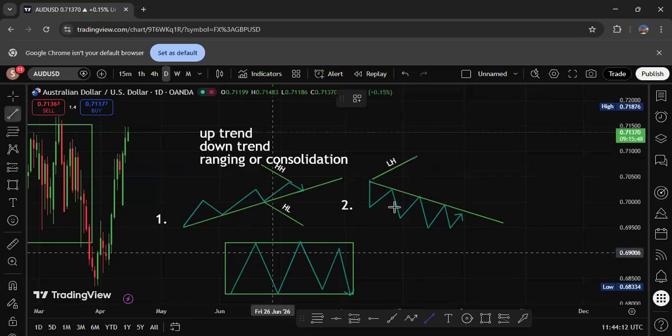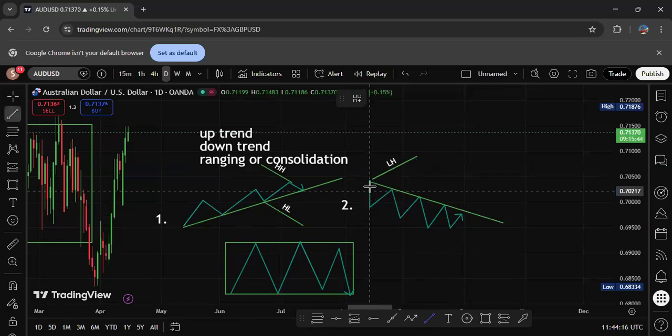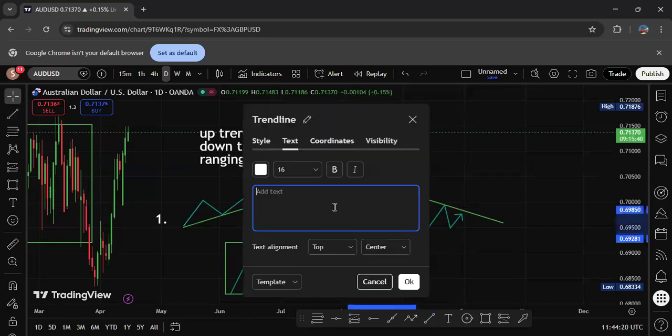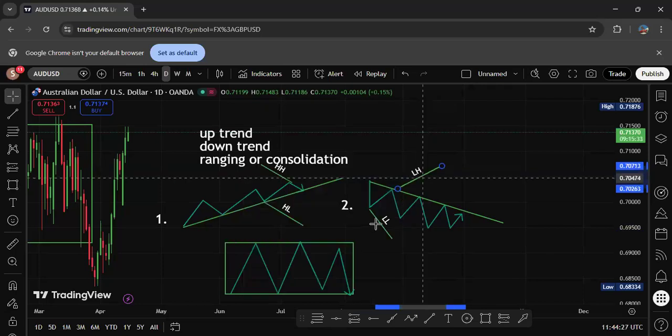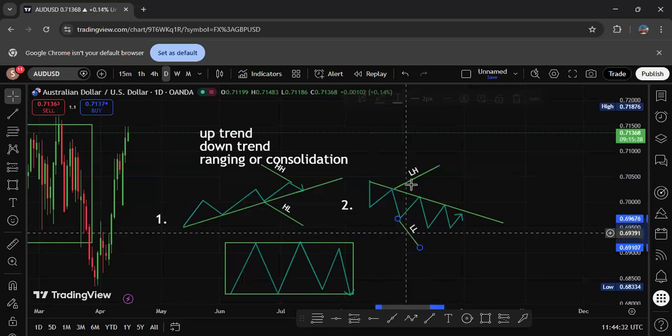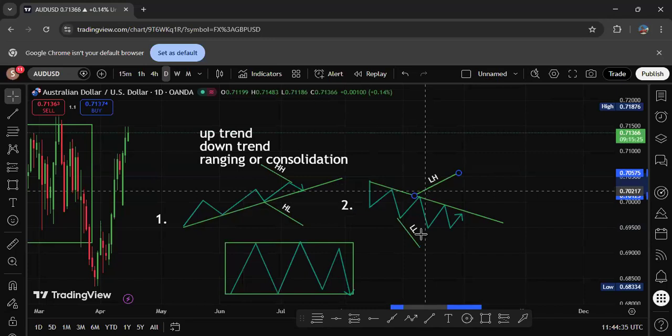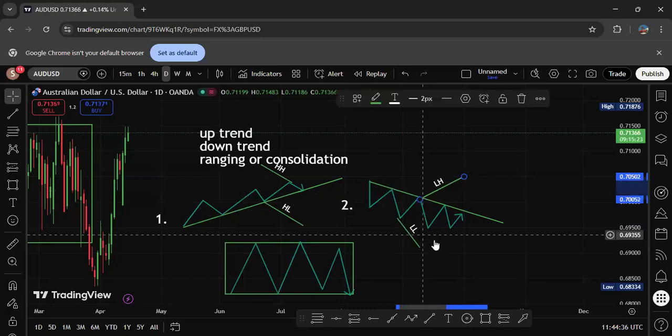This is a lower high, then this is a lower low. So lower low. Just call it whatever you want to call it so far as you understand it. This is a lower high, then this is a lower low. This is a lower high, then this is a lower low.